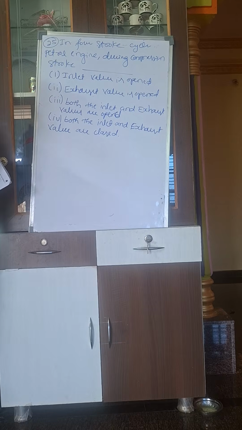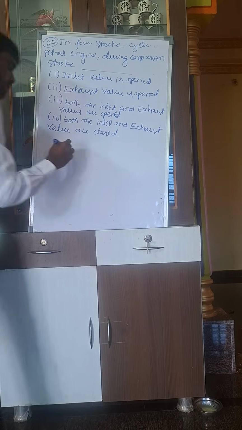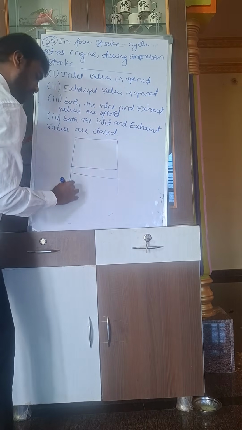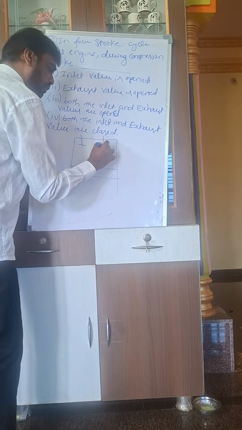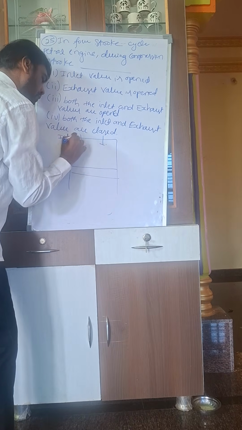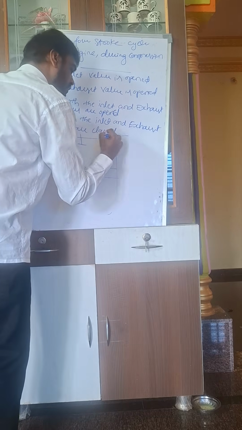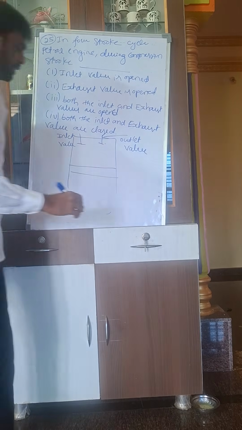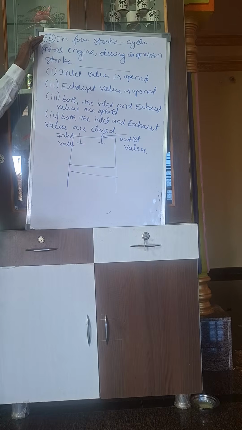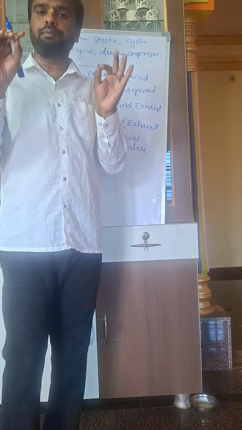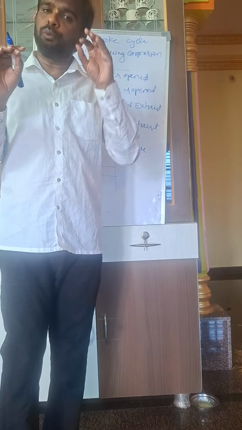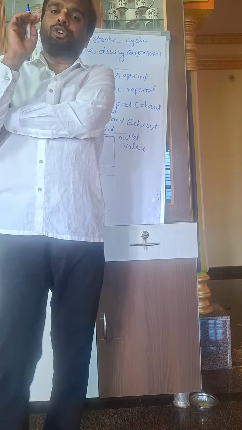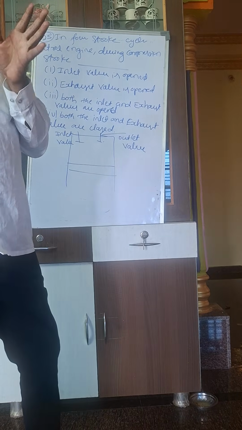See here, in the four-stroke petrol engine during the compression stroke, this is the engine. There are two valves: this is the inlet valve and this is the outlet valve. When you enter the petrol engine, you have an air fuel mixture, called a rich mixture or lean mixture.